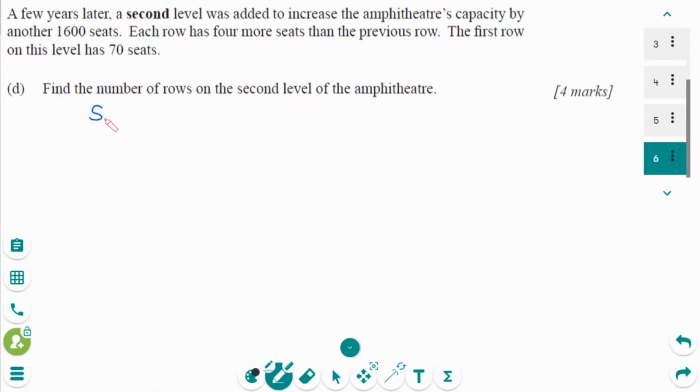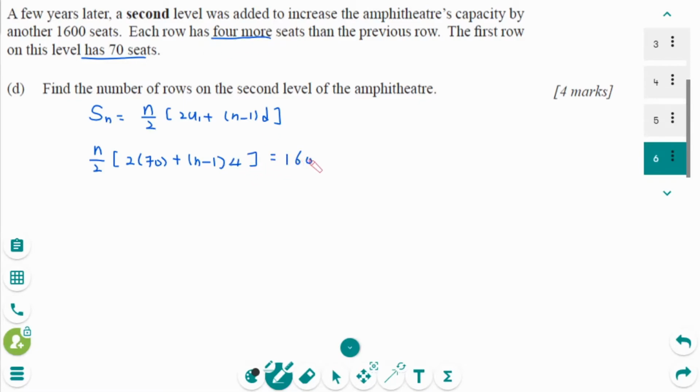Number D, Sn equals n over 2 times 2u1 plus n minus 1 times d. Then n over 2 times 2 times first term is 70 plus n minus 1 times the common difference is 4 equals 1600.